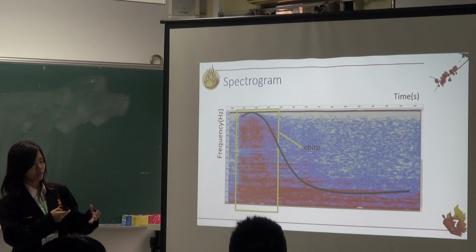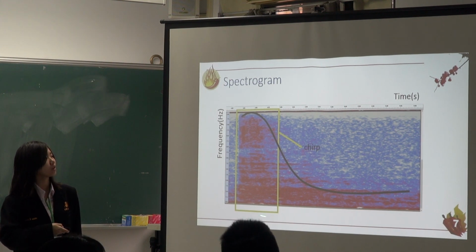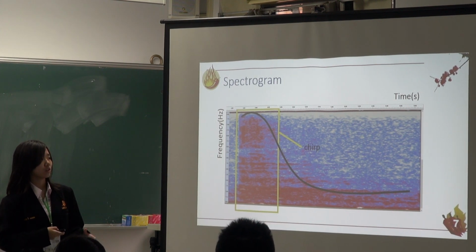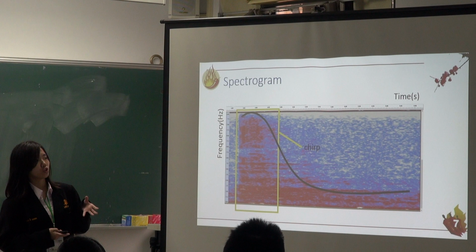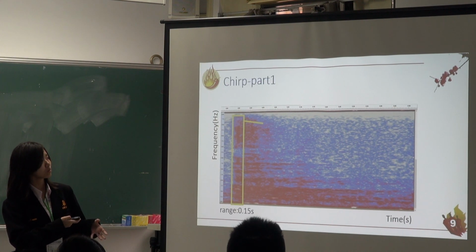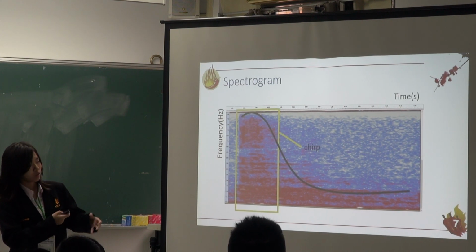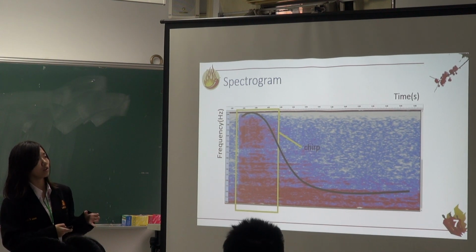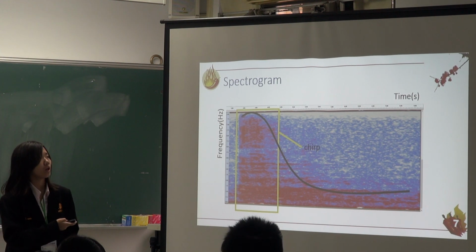And in this area, I define this area as most like chirp. The vertical axis is frequency, and the horizontal axis is time.